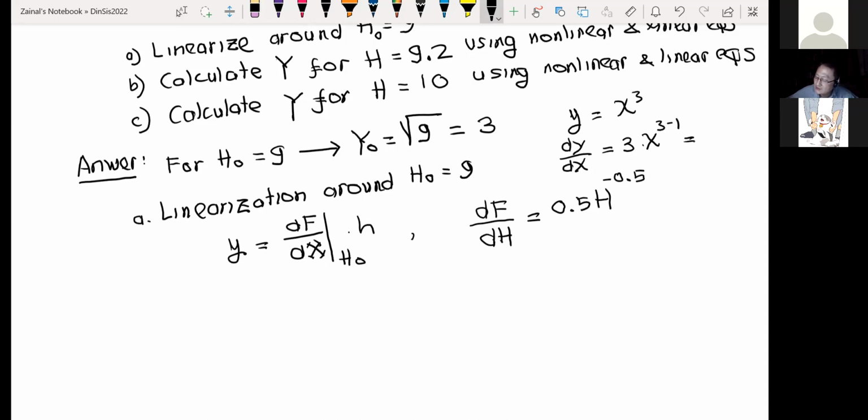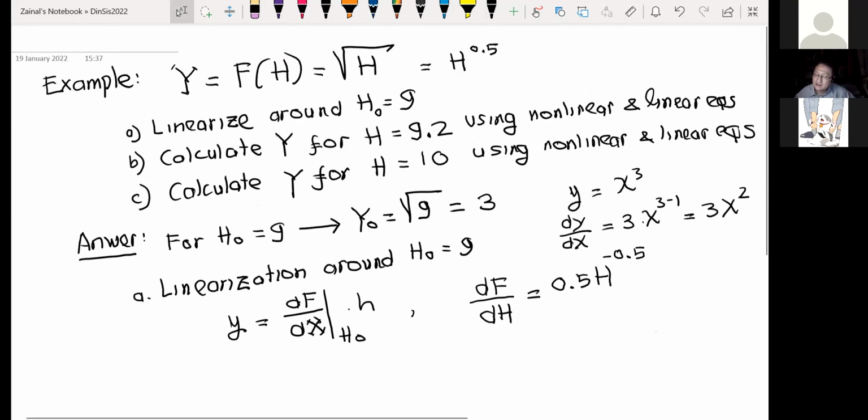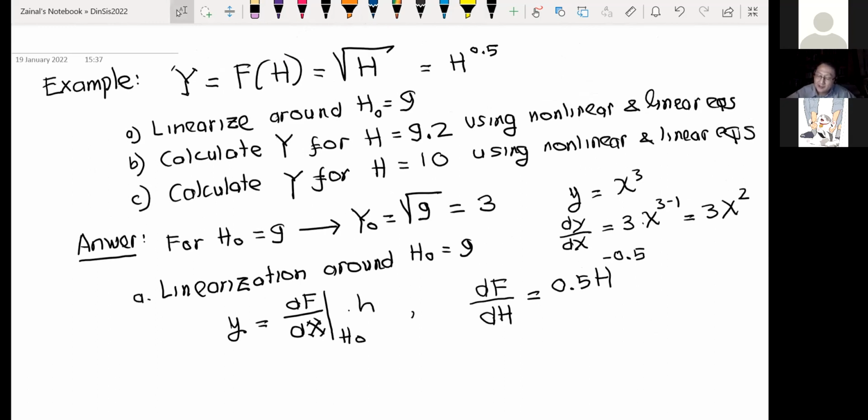So this one is 3x power 2. Okay, now this one is power 0.5. Look at this one. So 0.5 appears here, and on top is 0.5 minus 1.